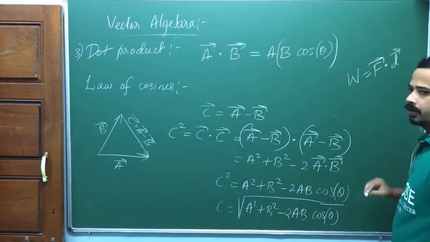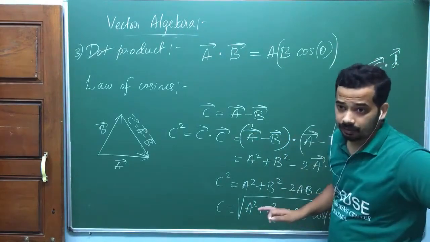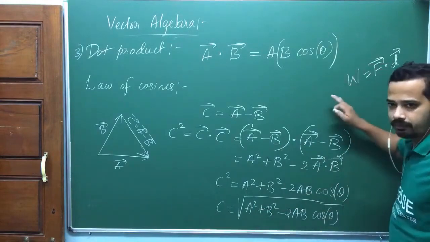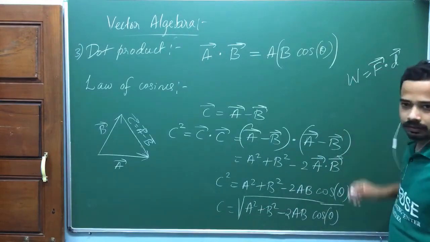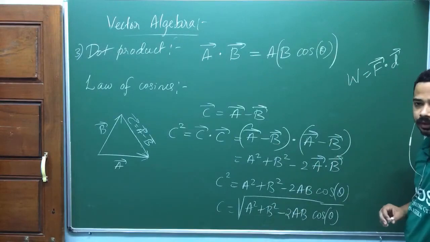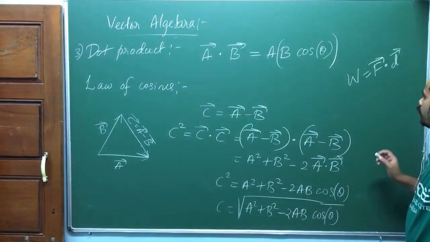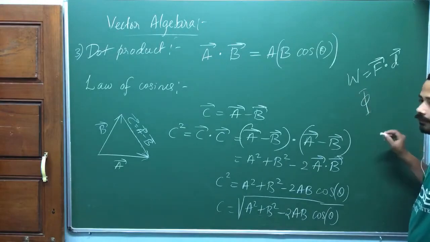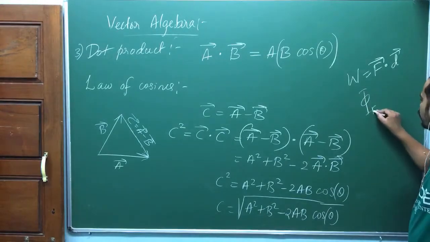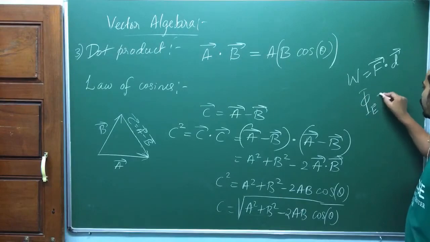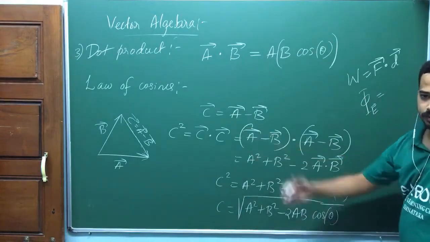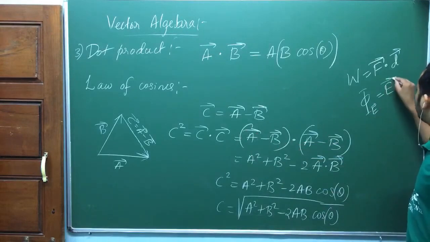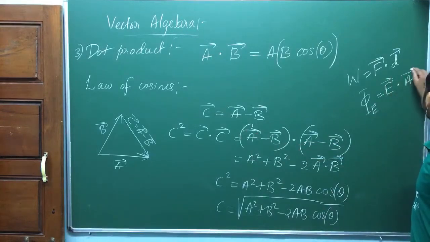But our main application of this dot product is most of the time to define flux of a field, suppose electric field, through some surface area. We write that as E dot A.